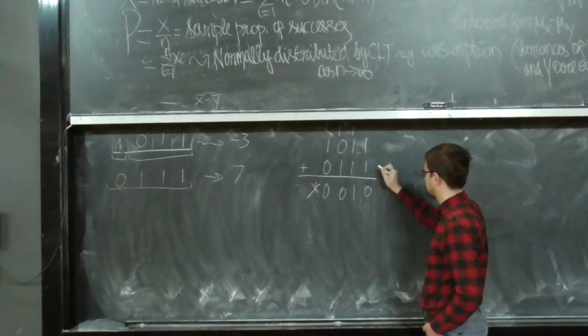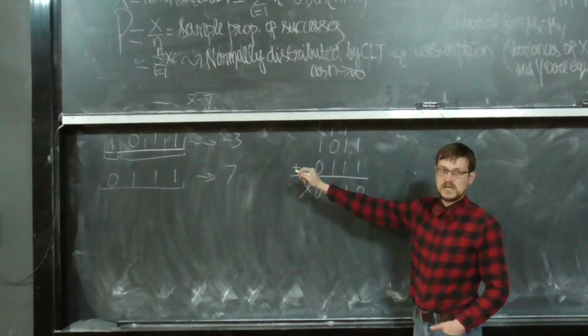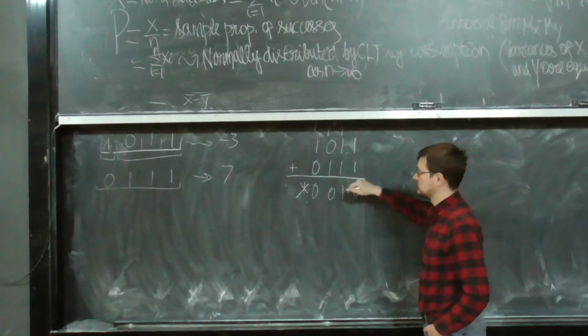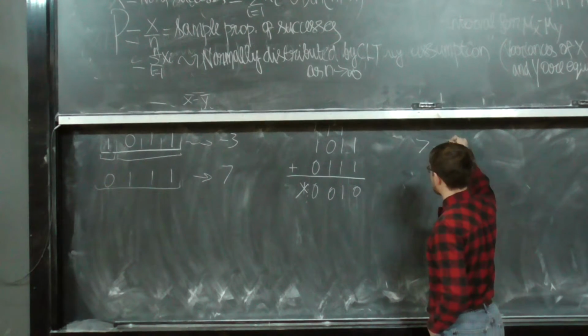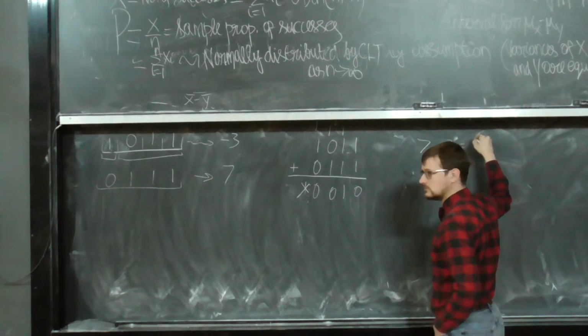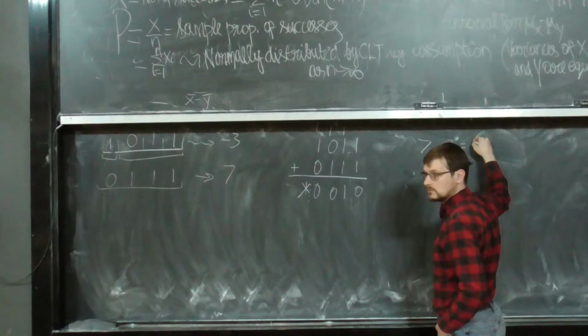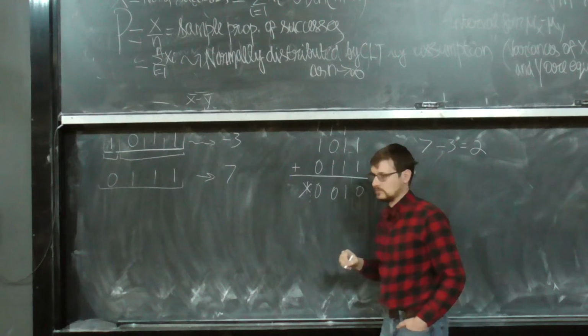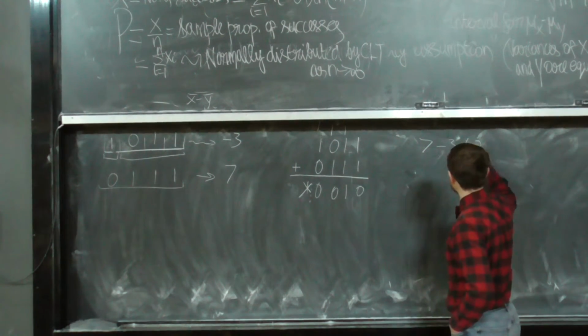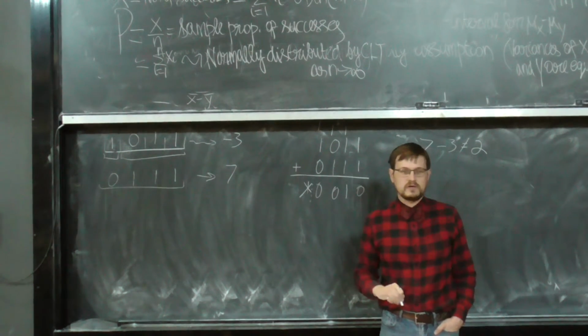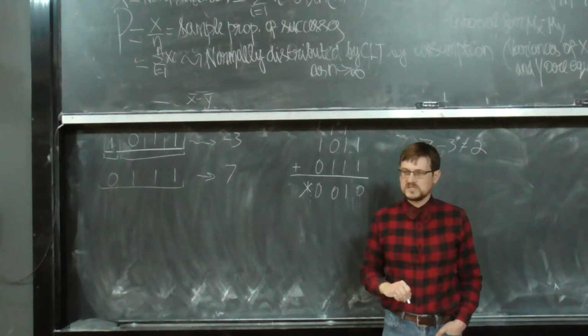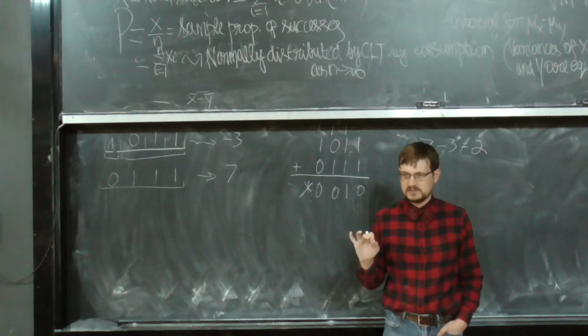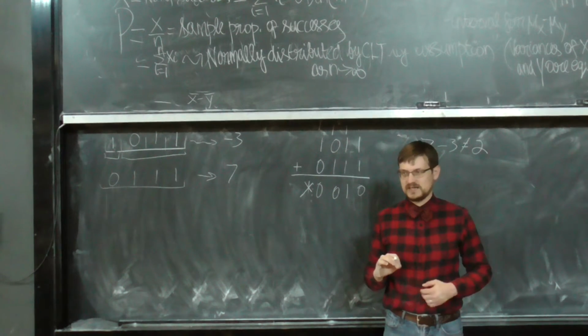So we can see that, according to sign magnitude notation, 7 minus 3 is equal to 2. Right. Which, of course, is not the case in ordinary arithmetic. So we're not yet there.